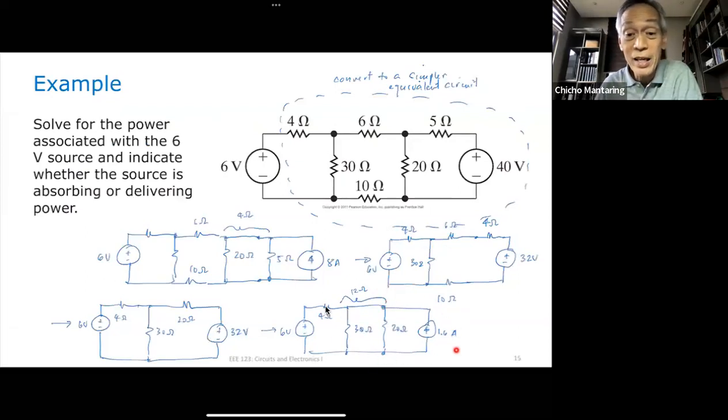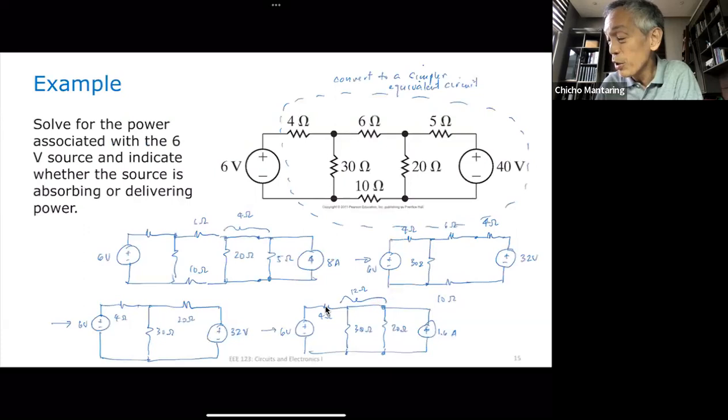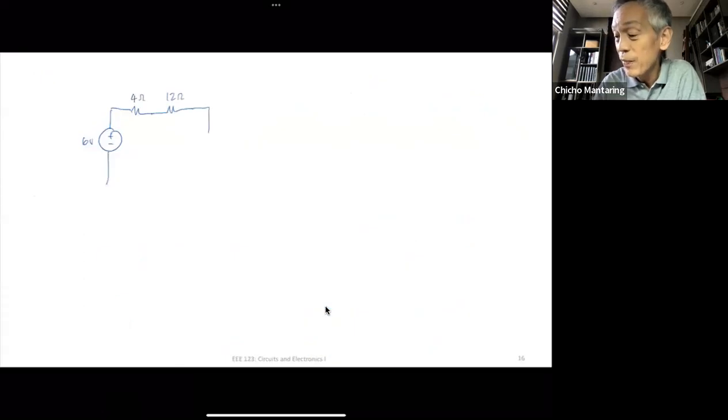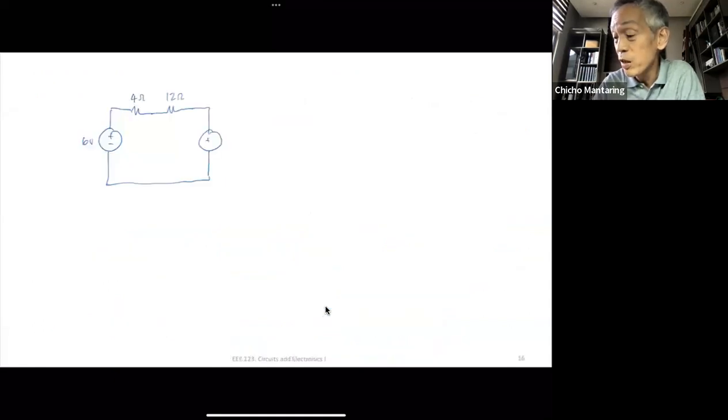I will convert this again to a voltage source. So my 12 ohms will be in series. What will be the value of the voltage source? It will be 1.6 amps multiplied by 12 ohms, or that's going to be 19.2 volts.